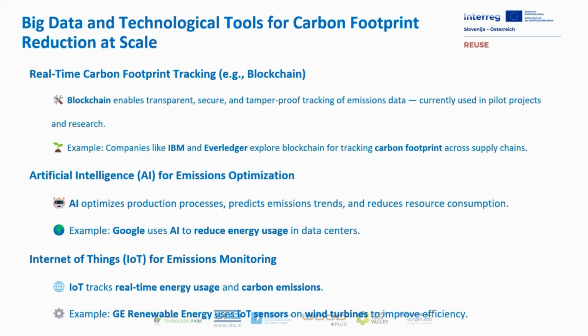For example, renewable energy companies use Internet of Things sensors on their wind turbines to enhance their performance and efficiency. Internet of Things technology is also utilized in various industries to monitor energy usage and emissions in factories, warehouses, and offices, enabling businesses to make timely adjustments and optimize operations in real time.